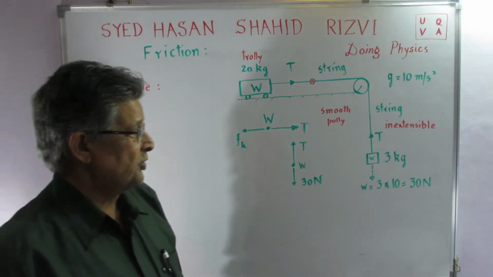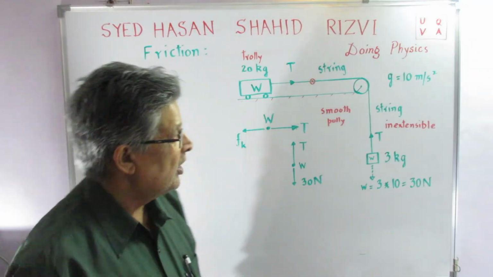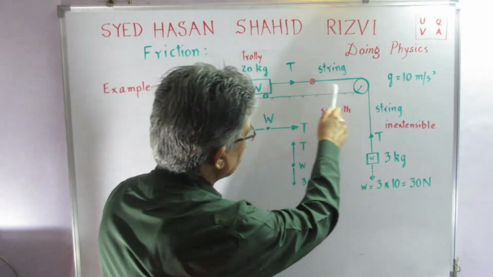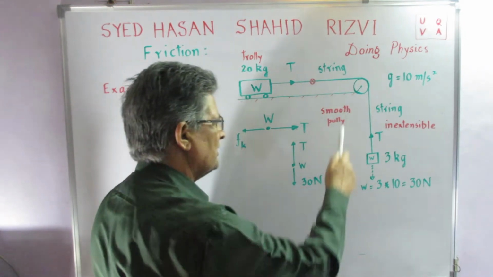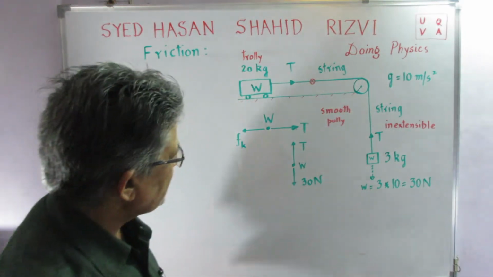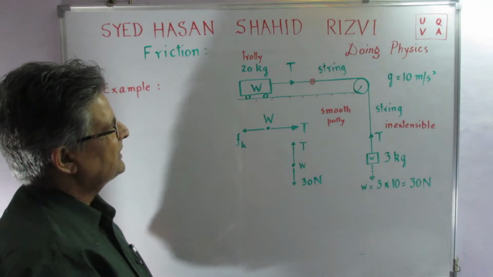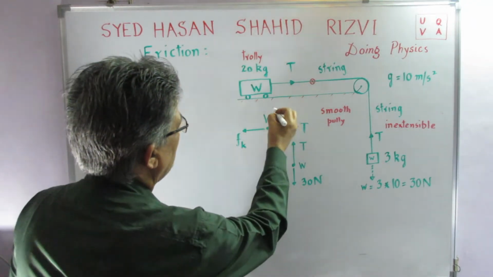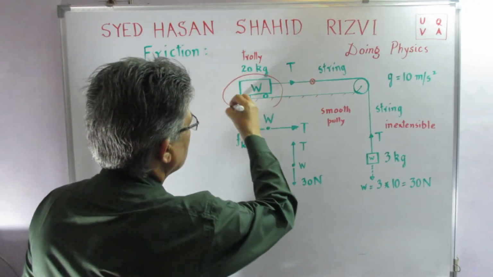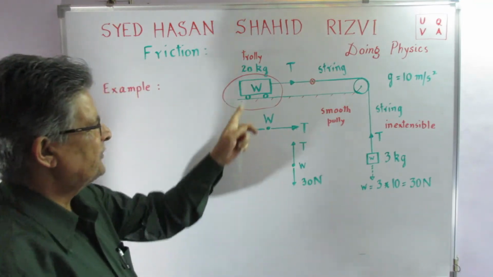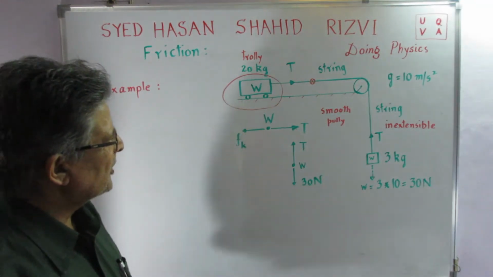Now you can ask a question, and you are justified. Why is the tension here in this direction, and why is the tension here in this direction? The reason is that we are looking at, in the first instance, the motion of this body.